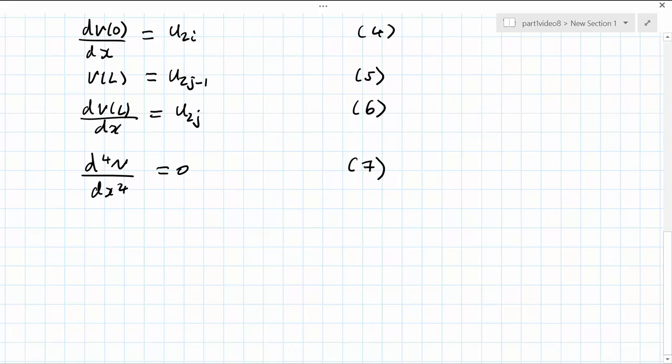A general mathematical form for V(x) that will allow the boundary conditions to be satisfied is V(x) equal to a1 plus a2x plus a3x² plus a4x³.